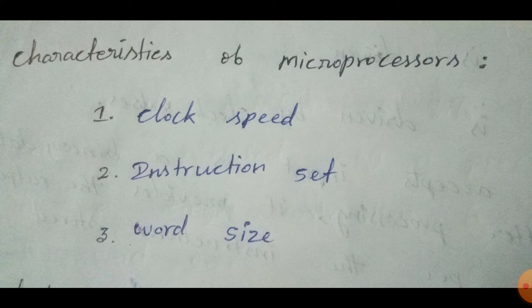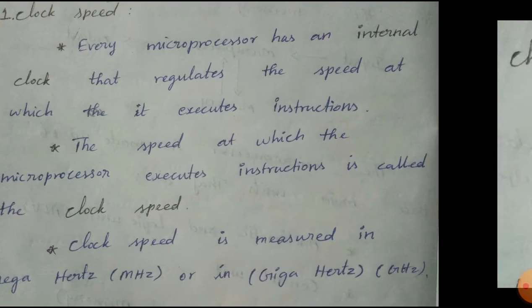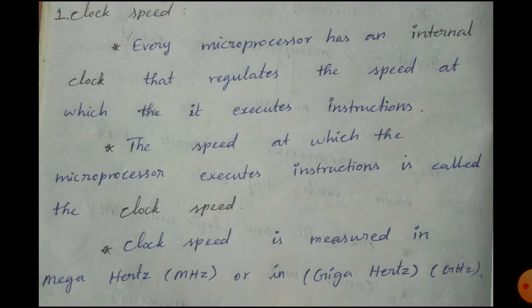First, clock speed. Every microprocessor has an internal clock that regulates the speed at which it executes instructions. The speed at which the microprocessor executes instructions is called the clock speed. Okay.